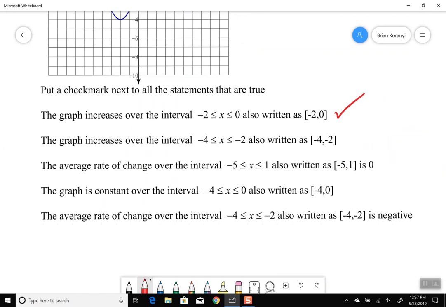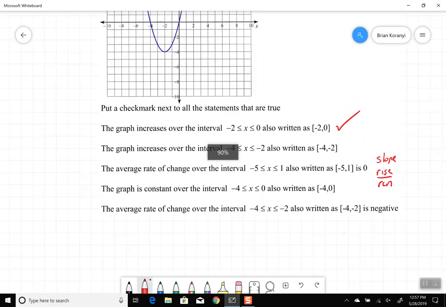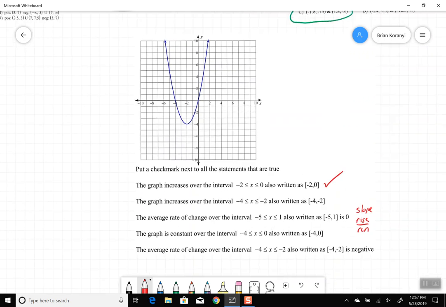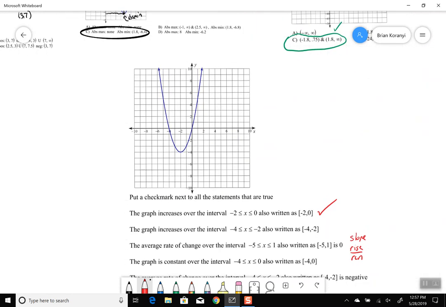The average rate of change, which is our slope, which we also think of as rise over run, from negative 5 to 1 is 0. So if I go from negative 5, starting here, and if I go to 1, that's here. So on average, as I went down and up, what is the average slope? What is the average rate of change?